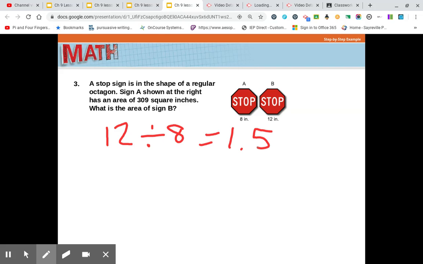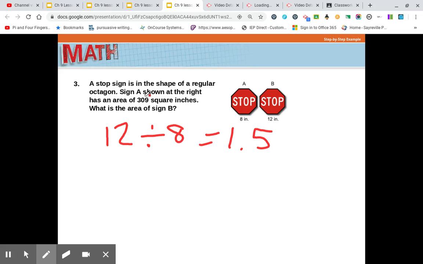So in order to figure out the area of sign B, you have to do 1.5 squared, because the area is measured in square units. So you're going to do 8 here times 1.5. That's how you got 12.